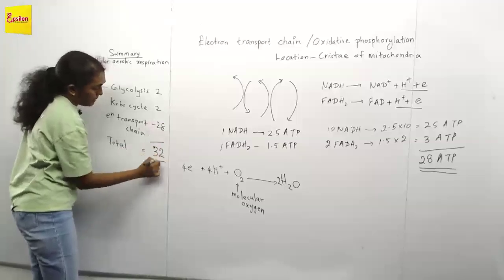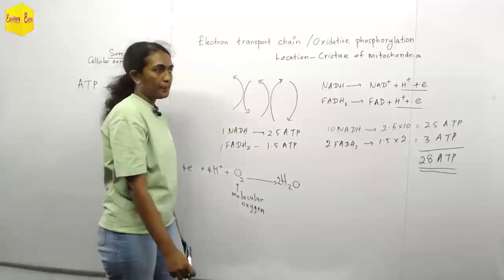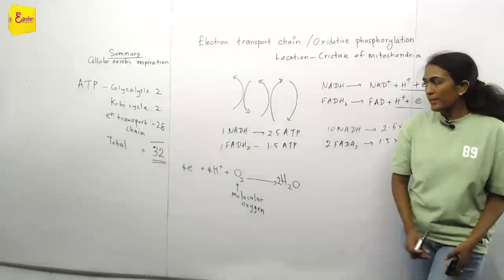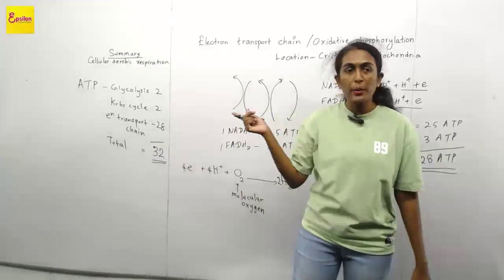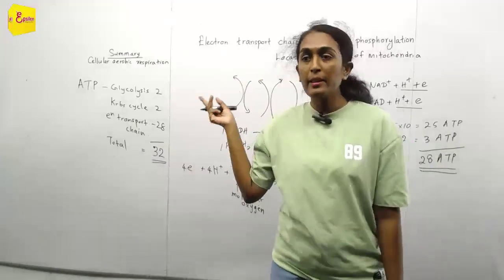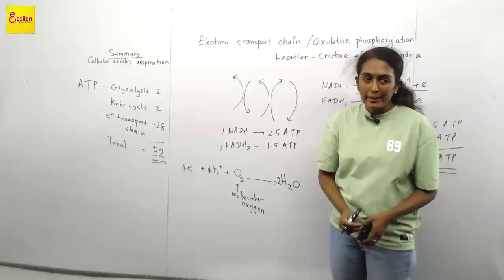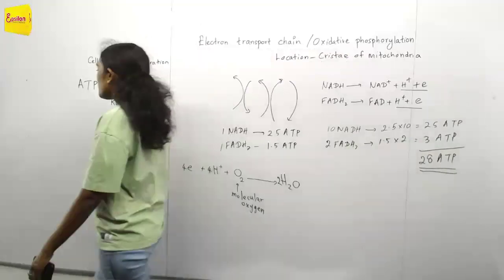32. Right. They say that 32 is correct for cells other than liver cells and cardiac cells. The liver cells and cardiac cells are not using 2 ATP to transport the NADH produced in the cytosol into the mitochondrial matrix. But all other cells are using 2 ATP.